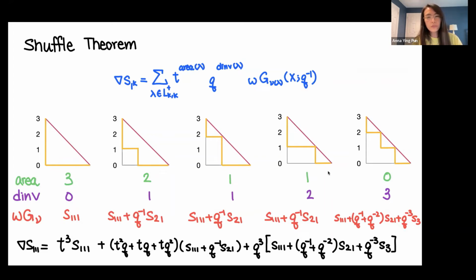So you draw all of them. Area is just the number of complete boxes between the yellow line and the red line. So that's why area 3, 2, 1, 1, and here there are no complete squares, so area 0. Themes is some statistics. And then I computed the LLT polynomial for you and wrote it in terms of the Schur functions. So there you go. And then now you add them up together.